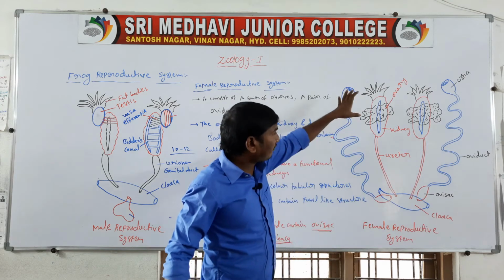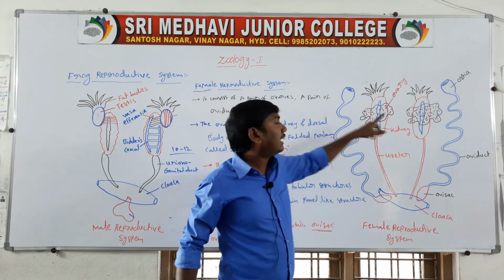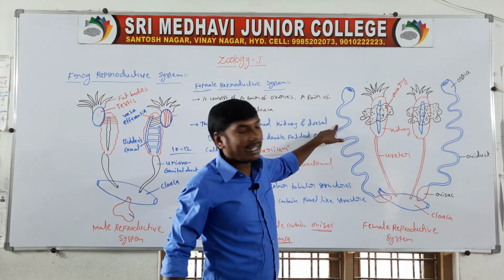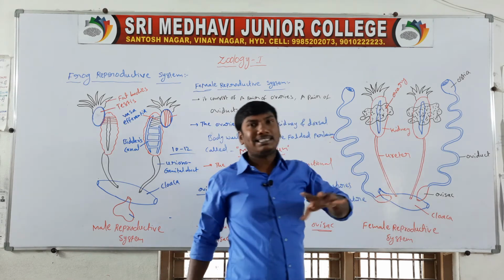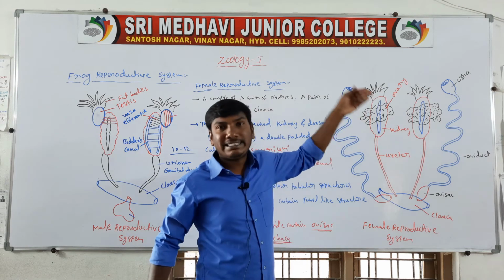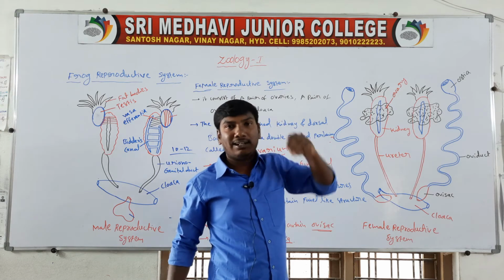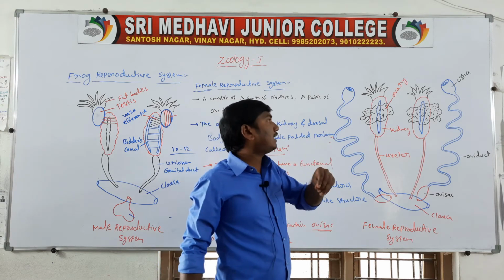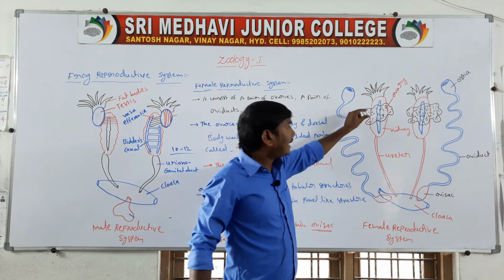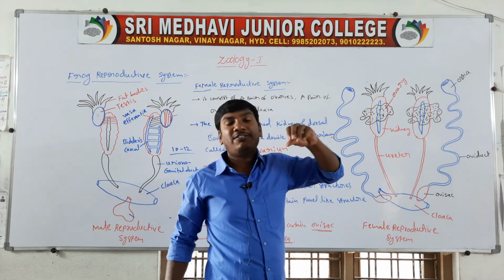Once revised. The female reproductive system consists of a pair of ovaries, a pair of oviducts, and a single cloaca. First one, ovaries. The ovaries attached to the kidneys and dorsal body wall through the double folded peritoneum membrane is called the mesovarium. The ovaries are attached to the kidneys but do not have a functional connection.